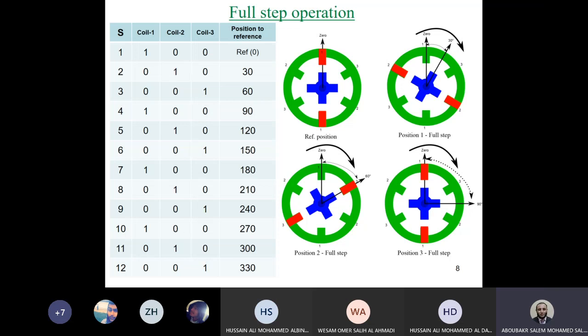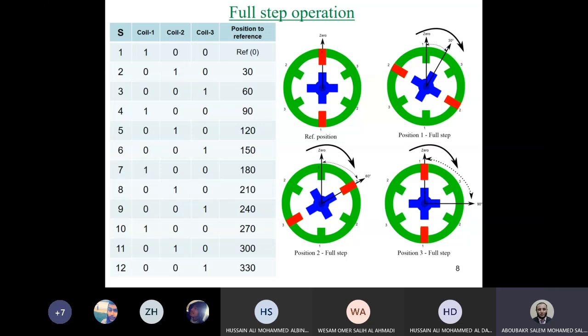First, we will assume a random position for the machine before applying any pulses. When we apply the first pulse, we will assume that this is the first operation, because it will depend on the machine position before this step. So if we apply the first step, the motor will operate in a certain position like that.